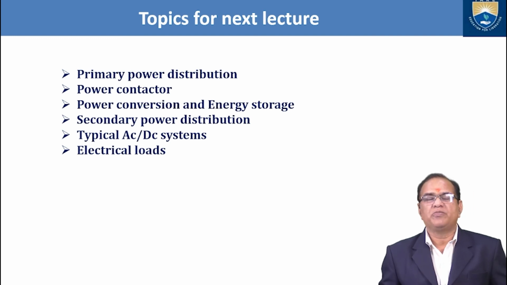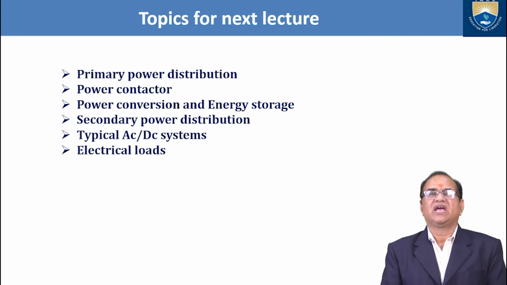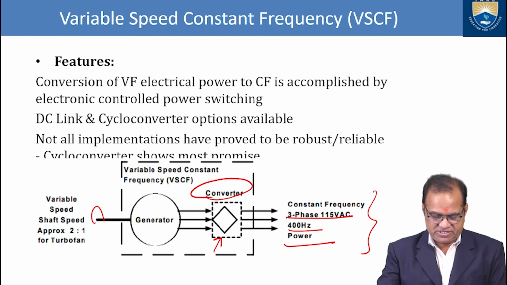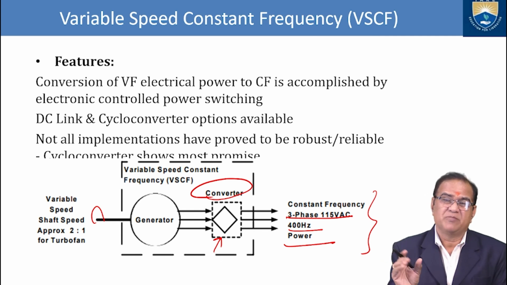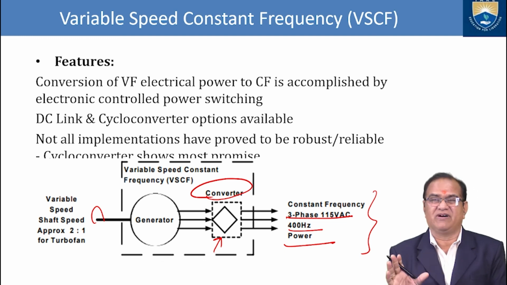I hope you have understood today's class, and this might have given you a good idea of the electrical system, and how converters and cyclo converters are used to give the required constant voltage and constant frequency, because the system wants 400 hertz.